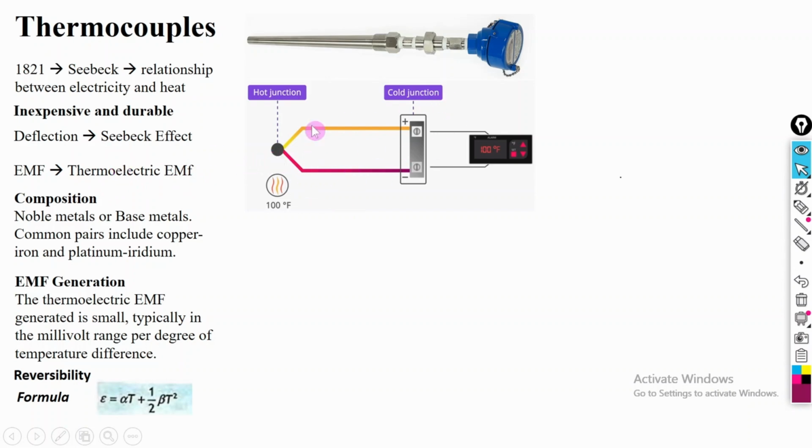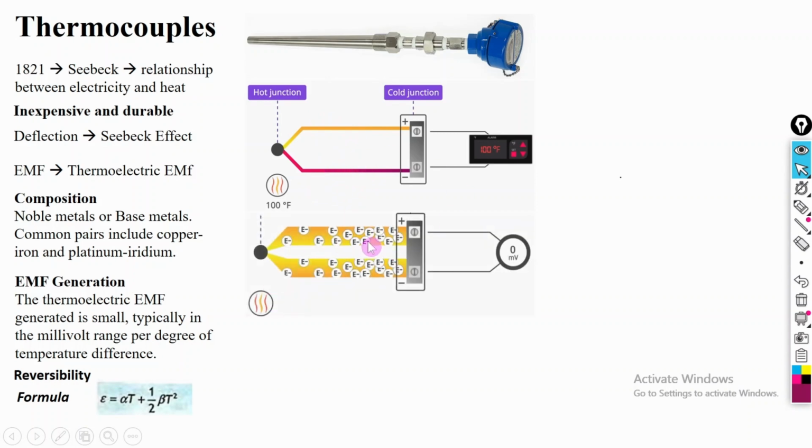Okay, and let's see these conductors in a more zoomed form. First I indicate that these metals must be made up of different elements. Let's say this is made up of copper and this must be made up of iron.